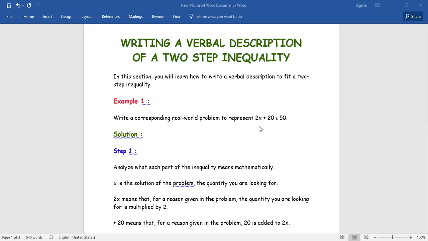And what about 20? How will we describe 20? The number we are looking for is multiplied by 2, and then we add 20. And less than or equal means less than or equal to 50. What does that mean?